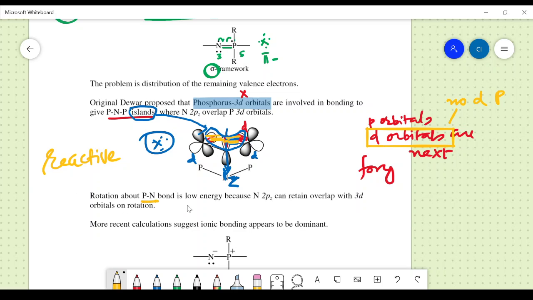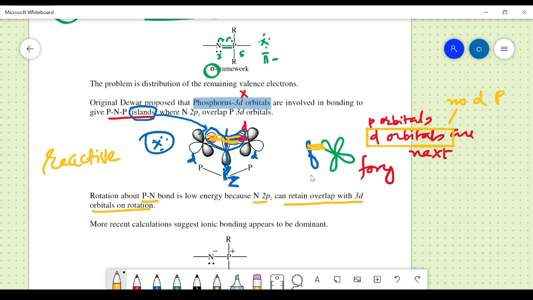So rotation about p-n bond is low energy because the N pz can retain overlap with 3d orbitals on rotation. That is, we have seen that this pz is there, and then you have got d orbital here on this side. The d orbitals are there. So there is this overlapping of the p and d orbitals.